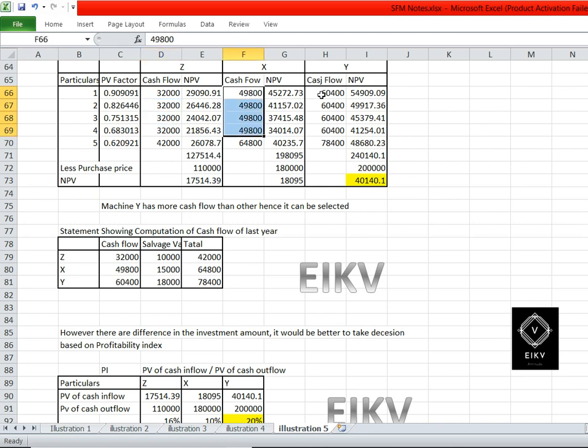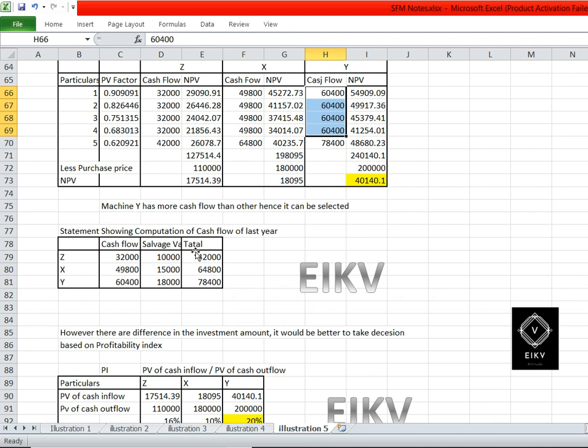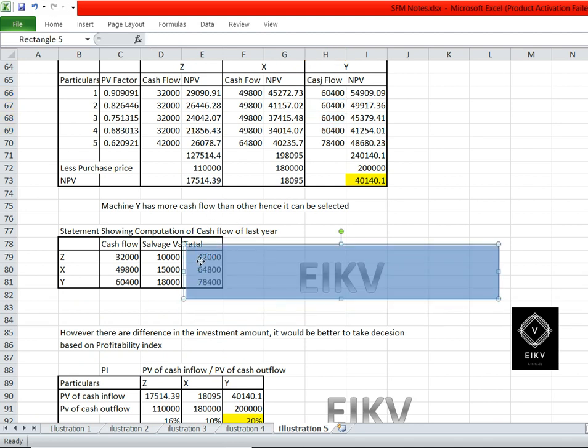After that we need to add the salvage value of each product. When we add the salvage value, we will get 42,000, 64,800 and 78,400 for each machine, and we take this total amount as the cash flow.